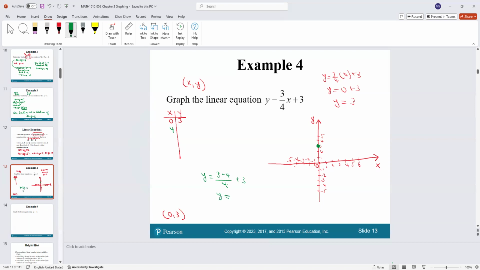If you want to cancel, that's fine. You can cancel by 4, so you're going to have 3, or you do 12 over 4 plus 3. 12 over 4 is 3, plus 3 is 6. So when x is 4, y is 6. Okay, this is what happened.